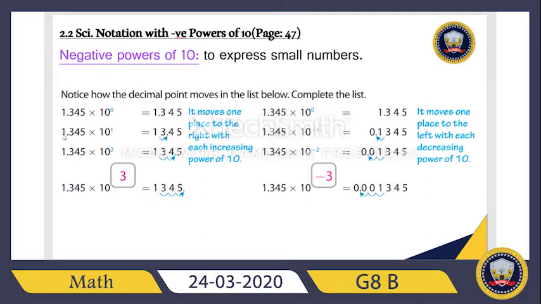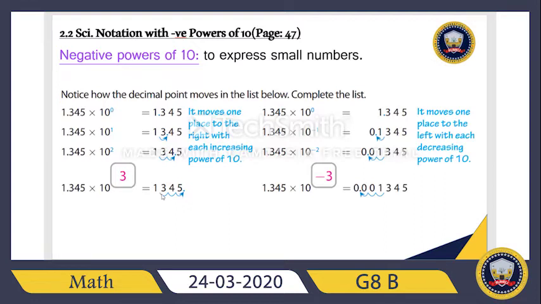So I'm going to move the decimal point 1 place to the right because I have here power of 1. So this number is equivalent to 13.45. The same thing for 10 to the power of 2, where I can move the decimal point 2 places from here to here. So it will be 134.5.